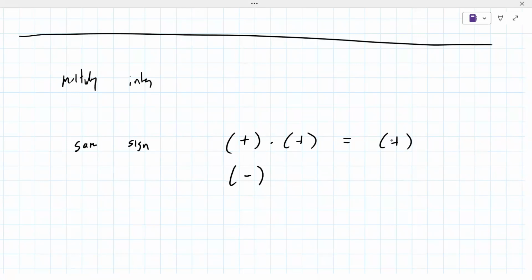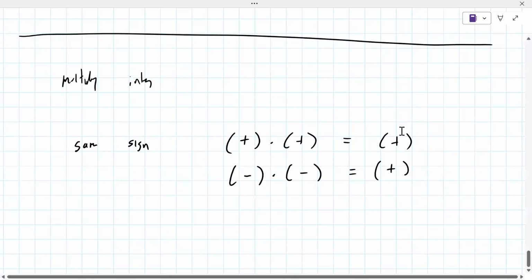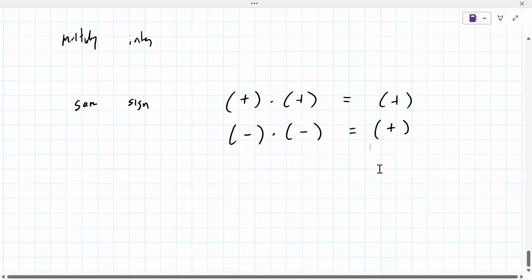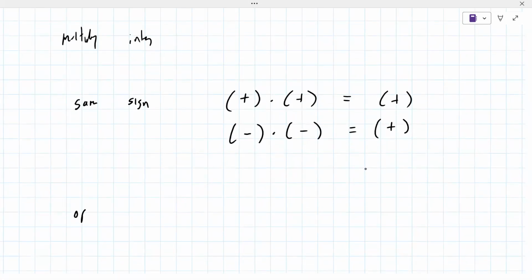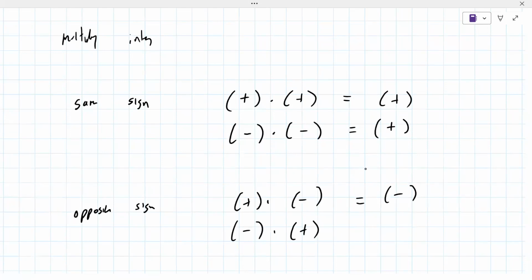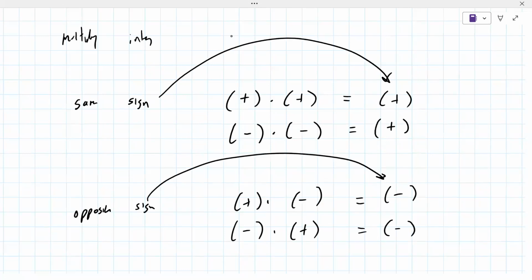Same sign though could be they're both negative. That means the result though is positive. -3 times -6 is a positive. Okay, that makes sense. And then there's opposite in sign, where you have one positive and one negative. So when they're opposite in sign, your answer is negative. When they're same sign, your answer is positive.